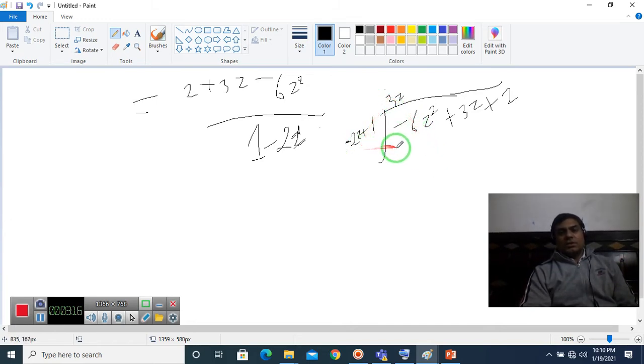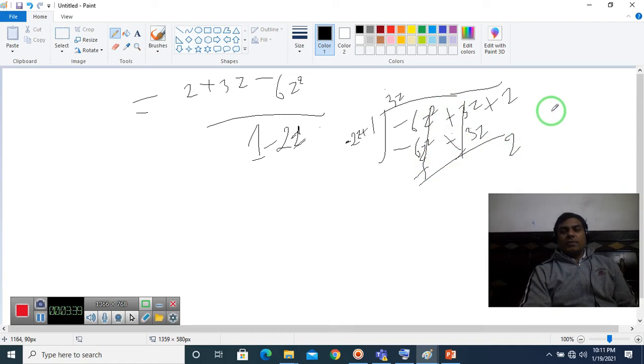So 3z times 2z gives 6z square with the minus, and minus 3z times 1 gives 3z. Just change the sign, it becomes 0, it becomes 0, only 2 is here.